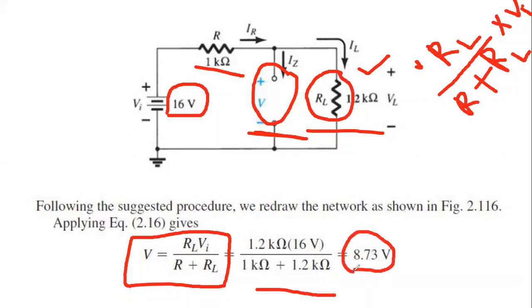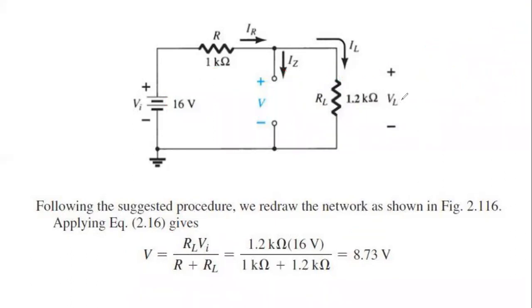My student, now we can say that the output voltage VL equals 8.73 volt.